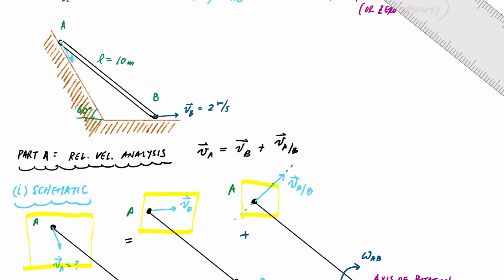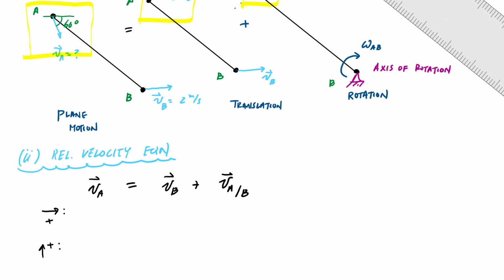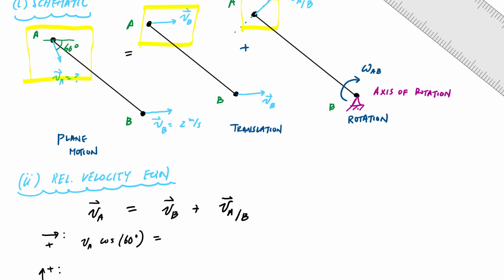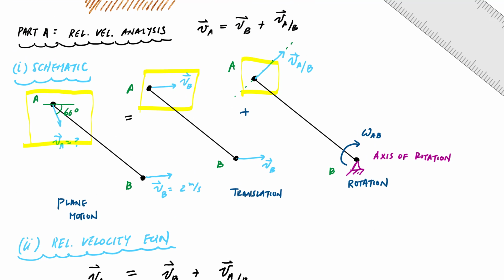Based on this 60-degree angle, I know this angle relative to the horizontal is 60 degrees. If I'm choosing positive to the right, my horizontal component will be VA cosine of 60 degrees is equal to, well, I have a velocity of B applied there, so that's straight up VB plus, I'm going to need an angle here.